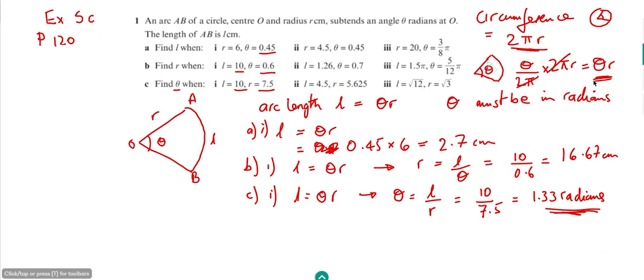Obviously, if we were working in degrees, it wouldn't be theta over 2 pi, this fraction. It would actually be theta measured in degrees out of 360. So we wouldn't be able to cancel it like this. This is why this formula only works for radians.